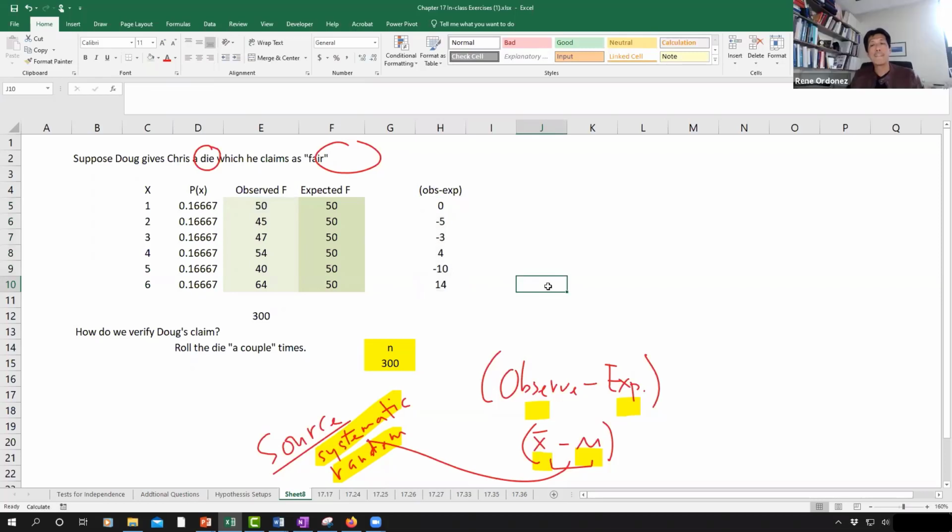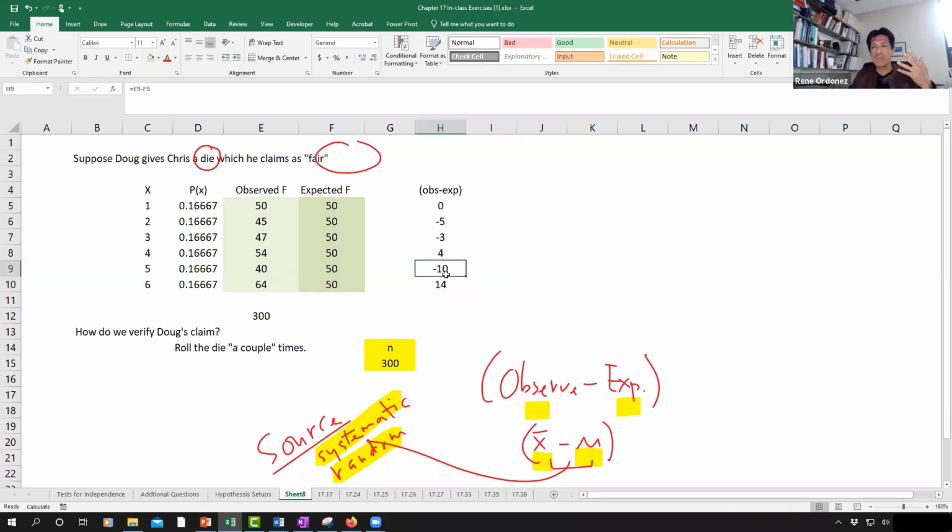okay. So this is something that we ask ourselves. How likely is it to observe 10 fewer 5s? Or how likely is it to observe 14 more 6s when you roll this die 300 times? Okay, is this something maybe a random occurrence, these two?